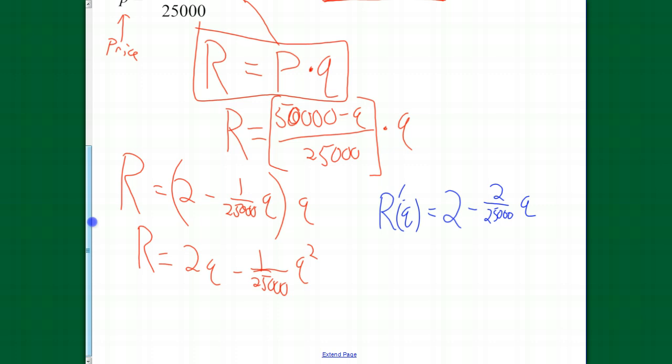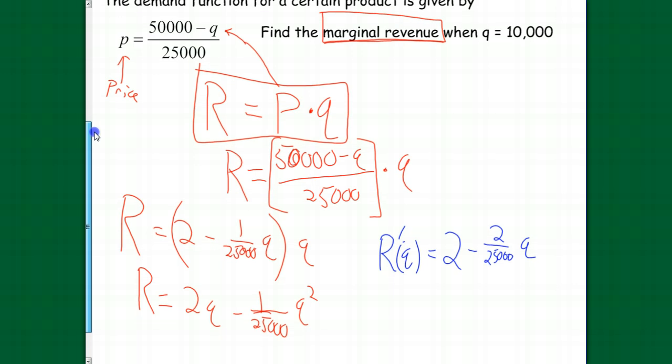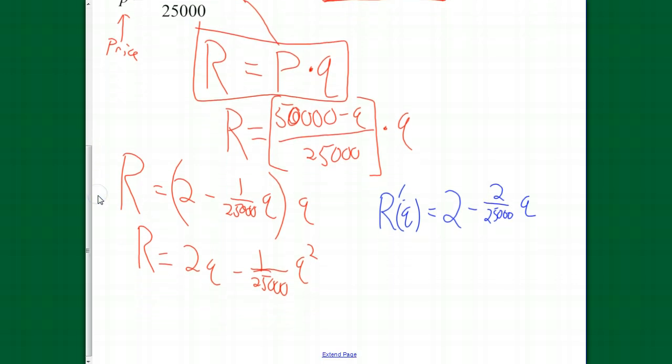What the question is asking is, what is the marginal revenue when the quantity is 10,000? So marginal revenue is our derivative function, and we are plugging in 10,000.